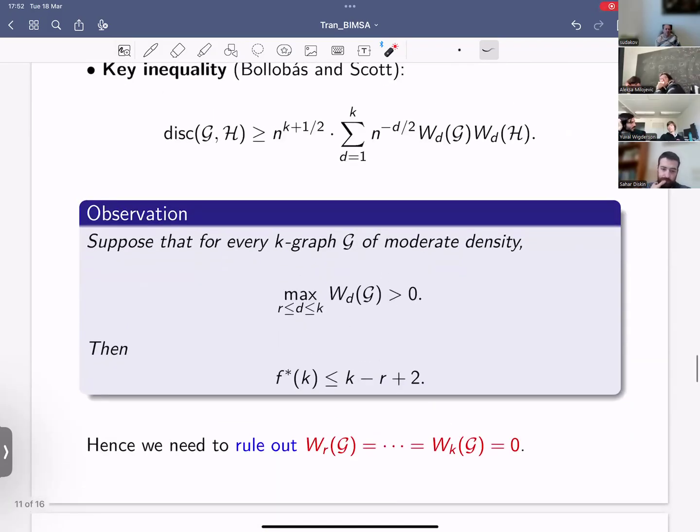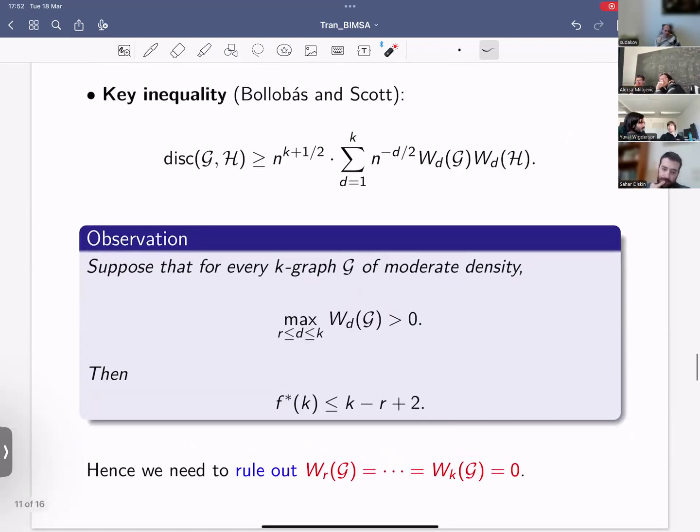So from this key inequality, we see that if for every k-graph of moderate density we have this property, that the top k minus r plus 1 coordinates of W have a non-zero element, then we can upper bound f star of k by k minus r plus 2 by the pigeonhole principle.